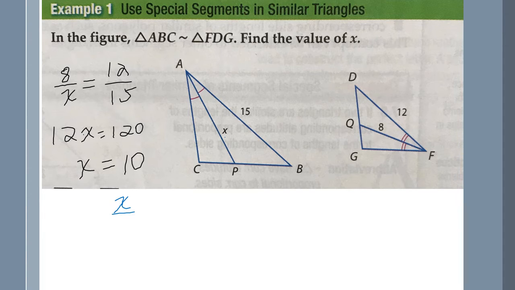Bisector to side should equal bisector to side. And again, you still end up with the same cross multiplication as you did right here. And therefore the answer still is 10.